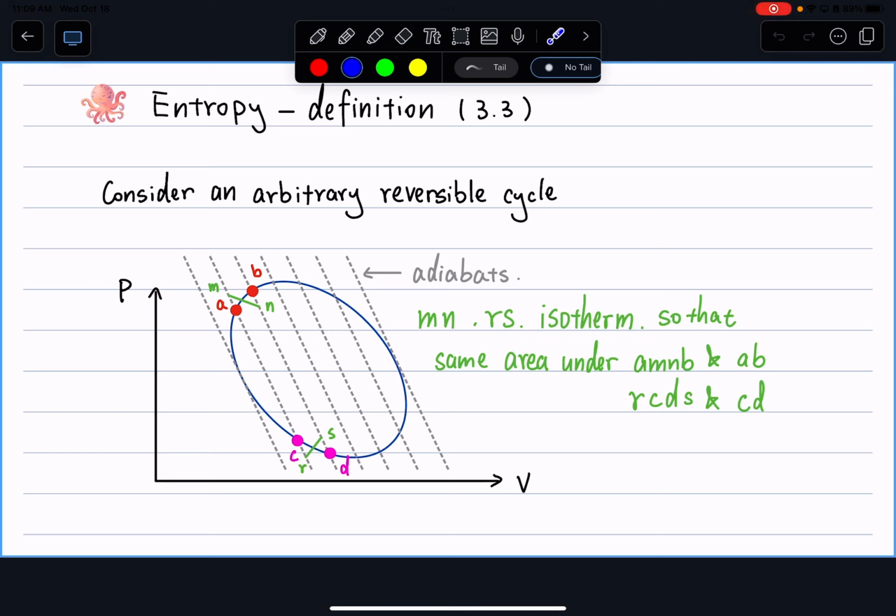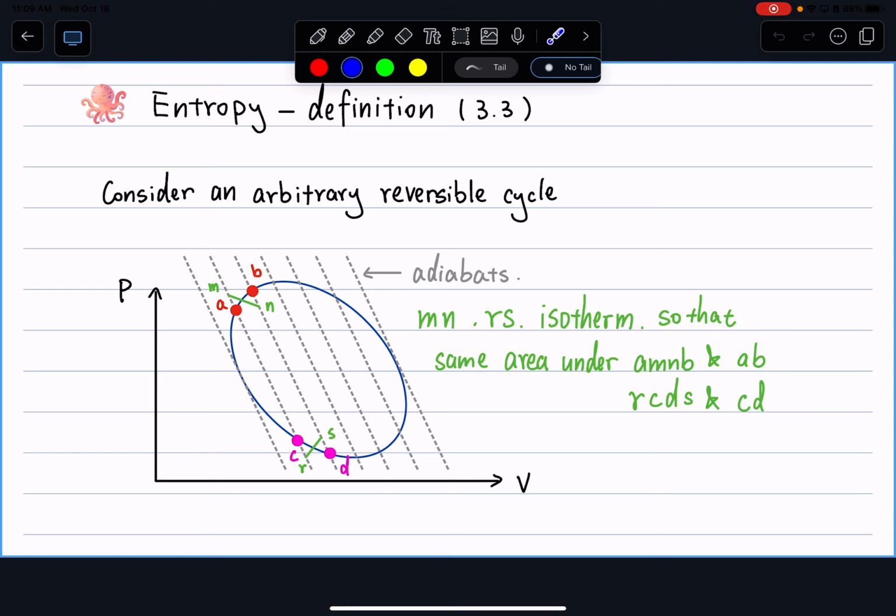And then, because we predefined M and A are on the same adiabat, B and N are on the same adiabat, we have QAM equals 0, QBN equals 0. And then put it on here. What we end up having is QAB will equal to QMN.